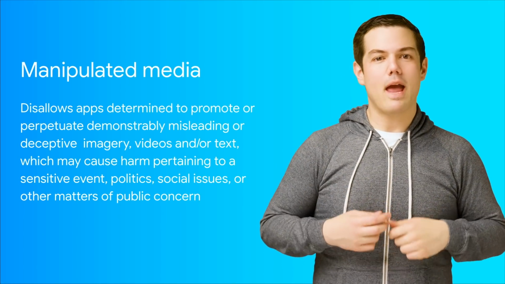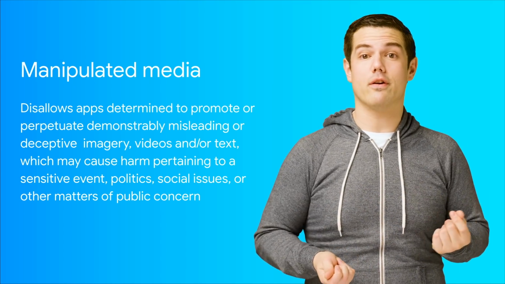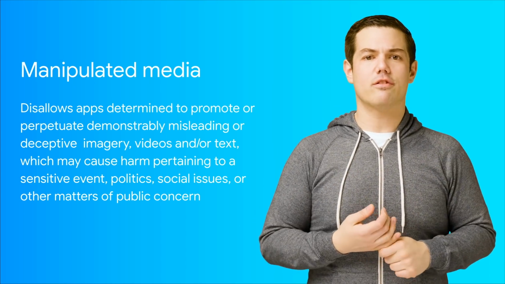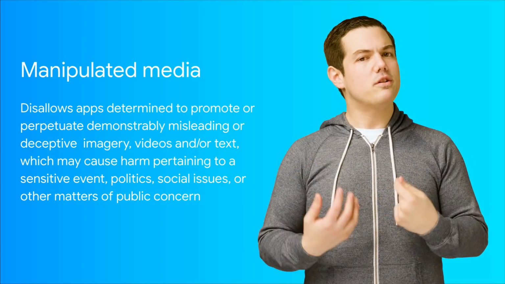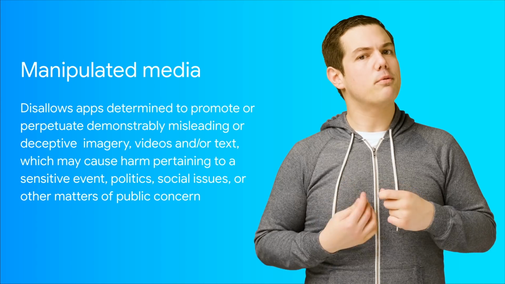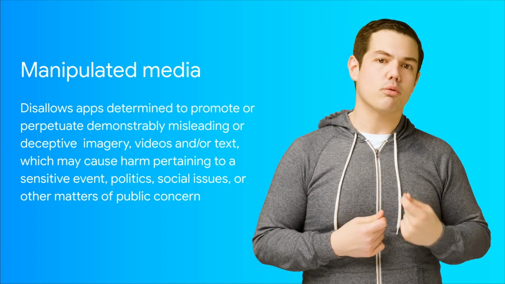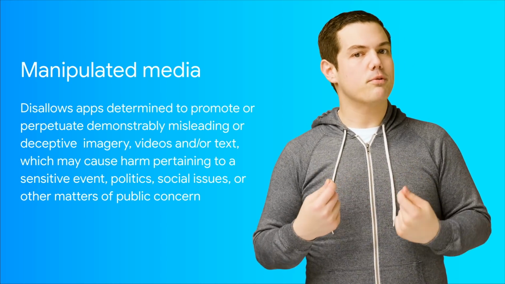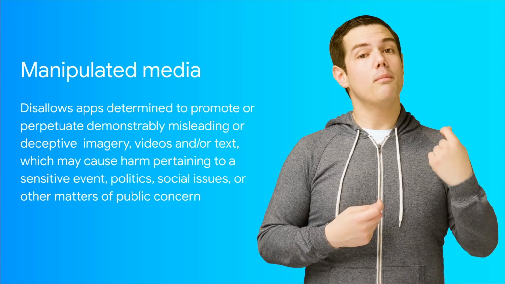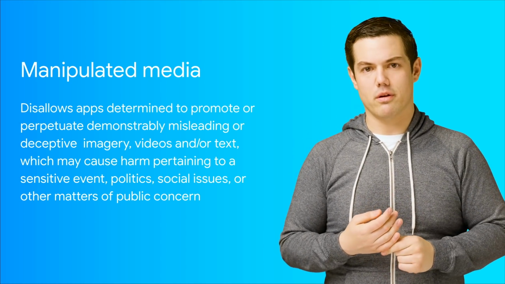Manipulated media, a policy covered under our set of policies that oversee deceptive behavior, provides additional guidance for manipulated or altered media. In principle, we don't allow apps that promote or help create false or misleading information or claims conveyed through imagery, videos, and/or text, which may cause harm pertaining to sensitive events, politics, social issues, or other matters of public concern.